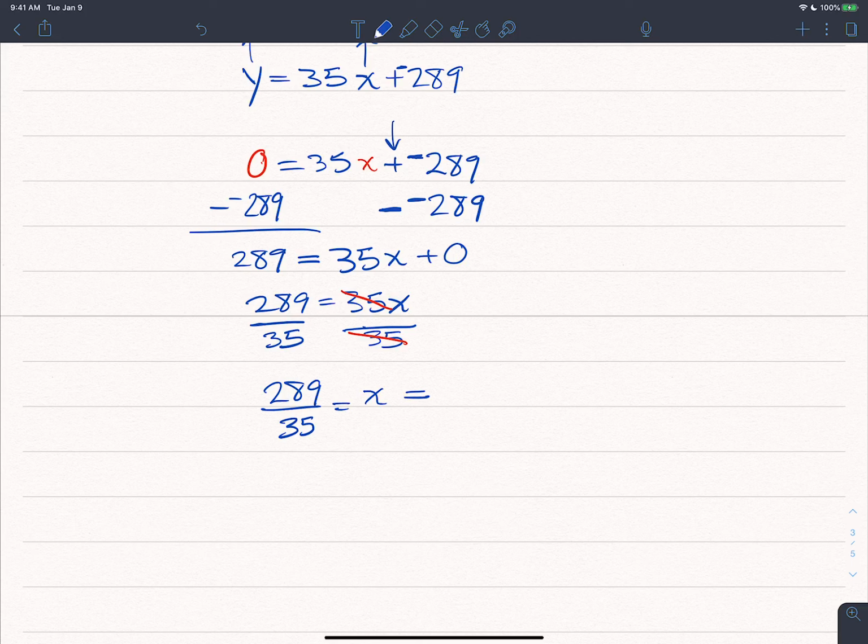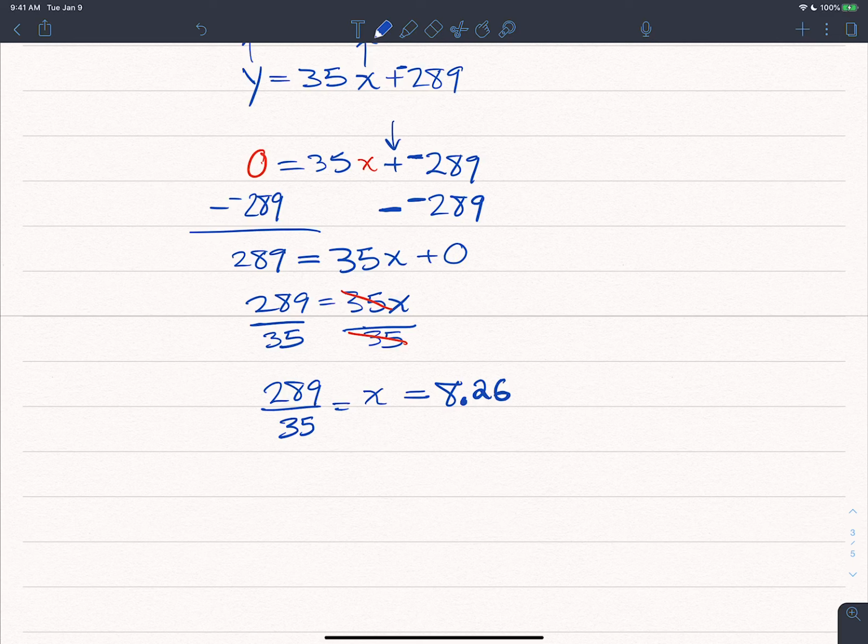So what does x equal? Well, pull out your calculator and do it. What's 289 divided by 35? We get 8.26, right? 8.26 is what we get.